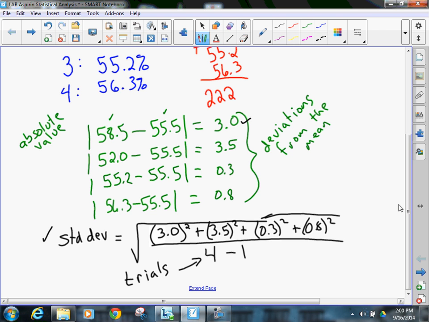So let's see what all this adds up to. Looks like we have the square root of about 11.6 divided by 3.